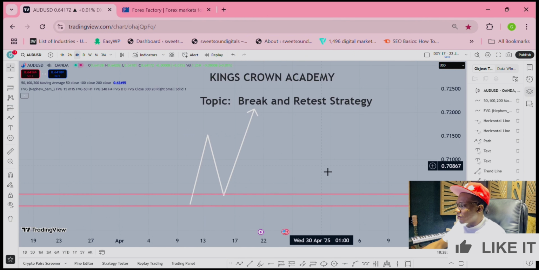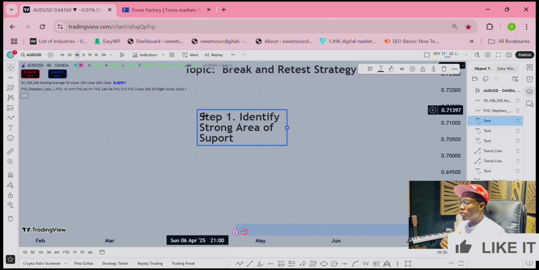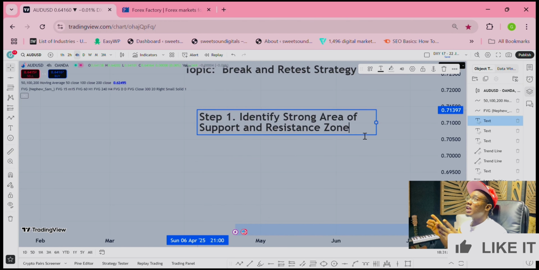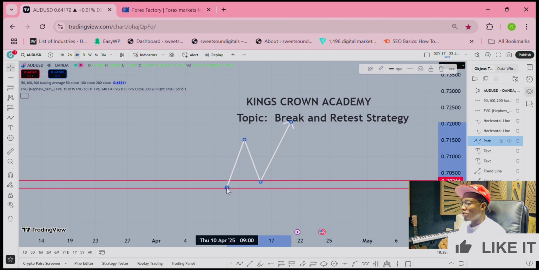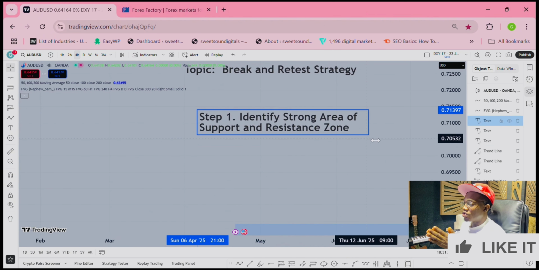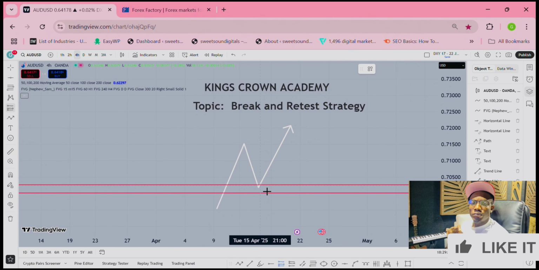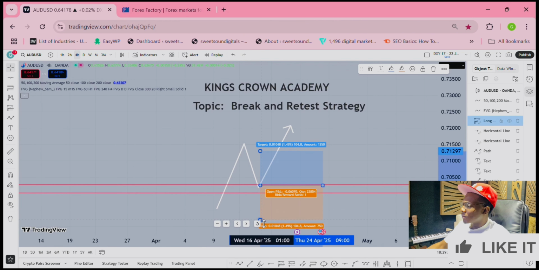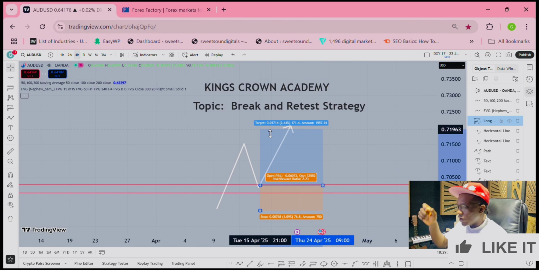Okay, so first, in this strategy, you have to identify a strong area of support and resistance. Don't worry, I'm going to be using a live chart of AUD USD to illustrate this strategy for you. It's very easy. So the first step, you map out a strong support and resistance zone, and then you wait for a clean breakout, a clean breakout of a whole 4-hour candle or 1-hour candle.